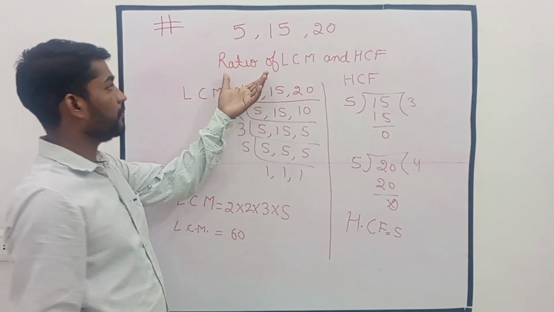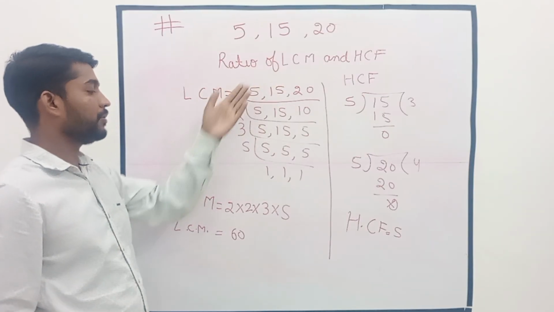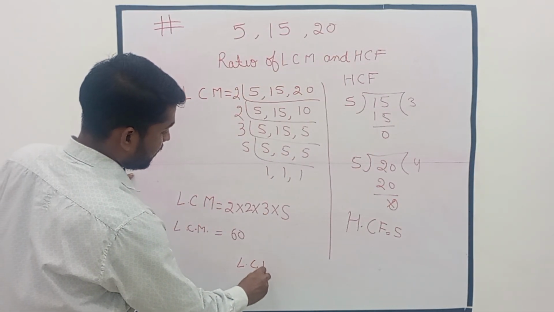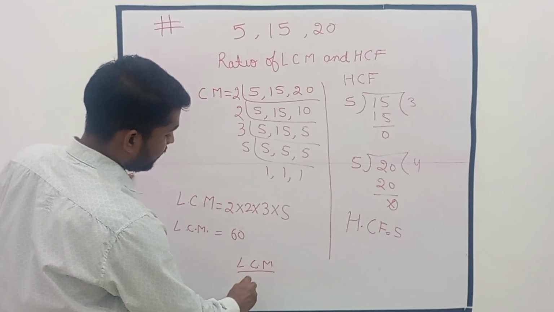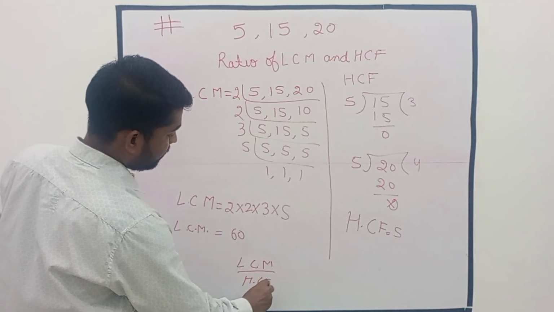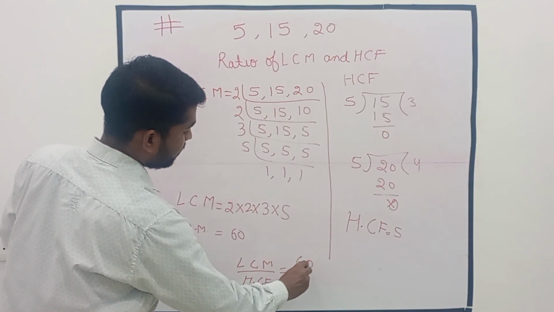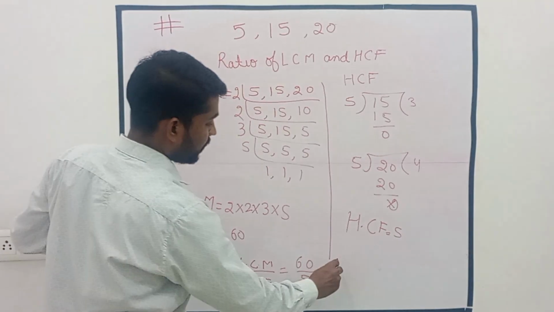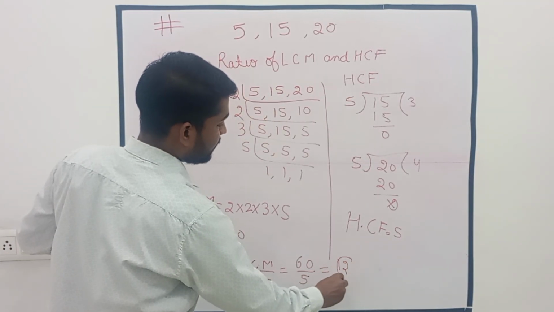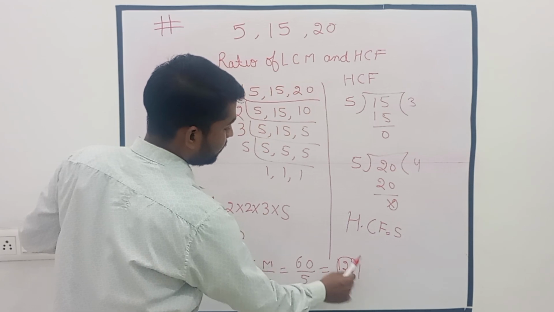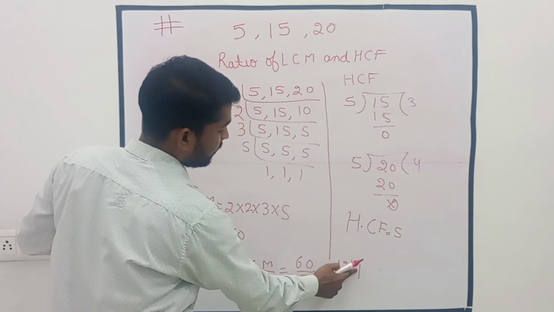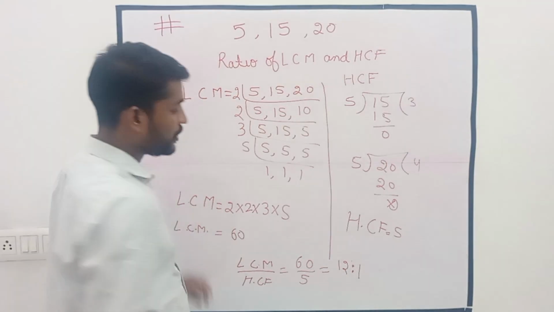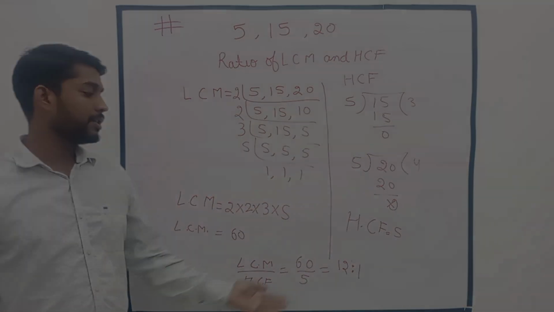They ask for the ratio, meaning the LCM divided by the HCF. That means 60 divided by 5, which is 12. So the ratio is 12 to 1.